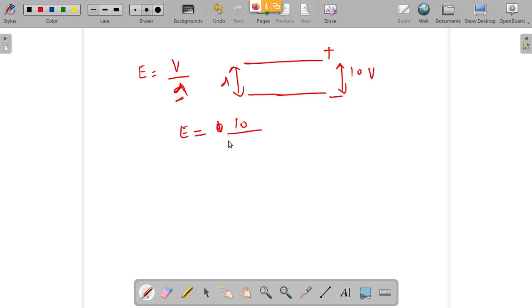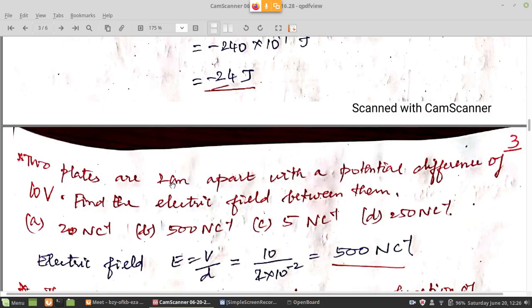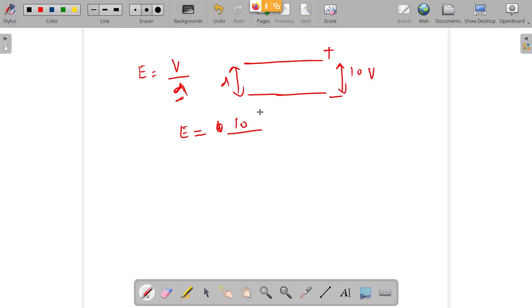In the question it is given that they are 2 centimeter apart. So it is 2 into 10 power minus 2. 10 divided by 2 into 10 power minus 2 is going to be 500, 5 into 10 power 2. So 500 newtons per coulomb. This is the answer for this.